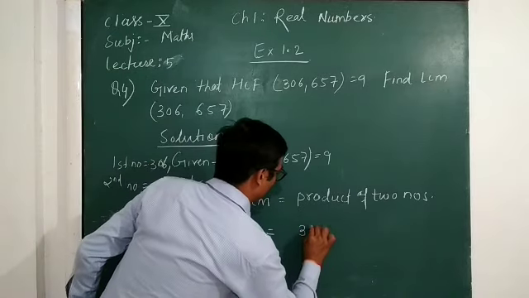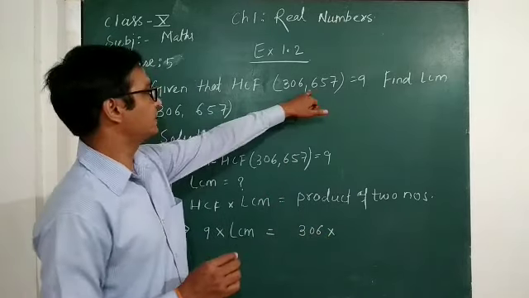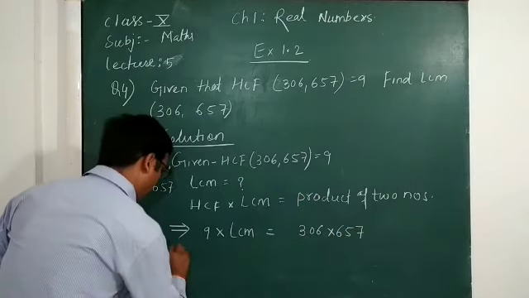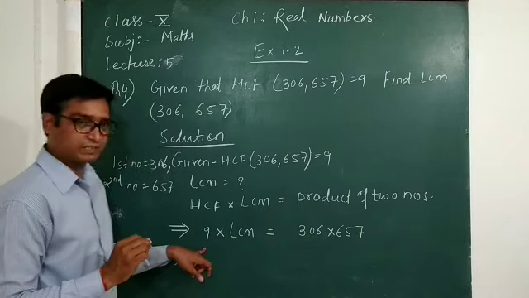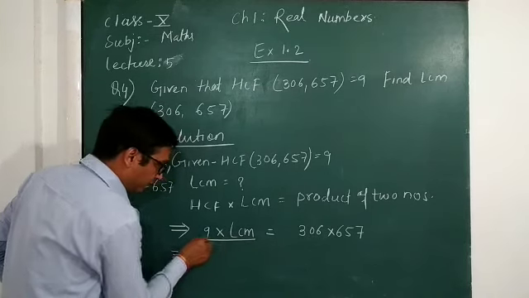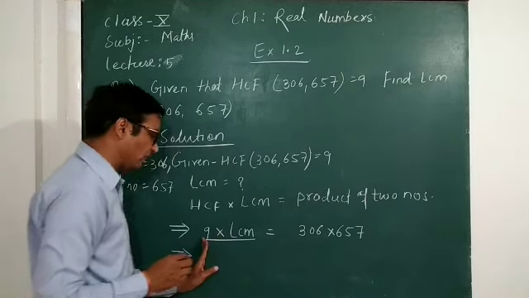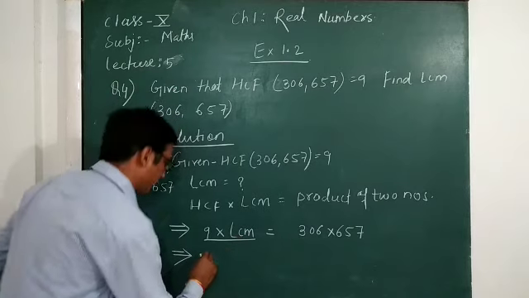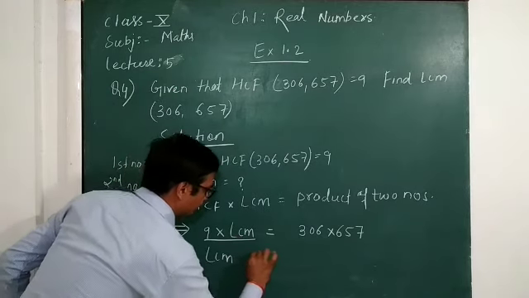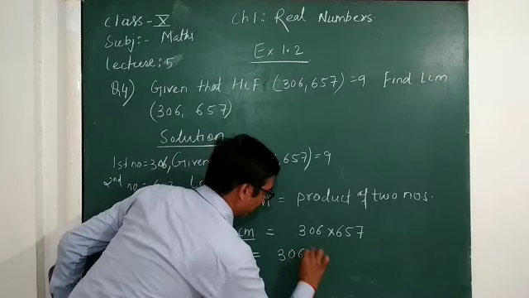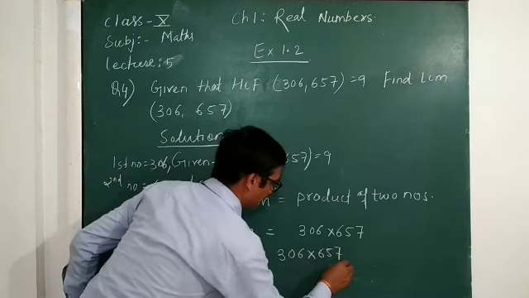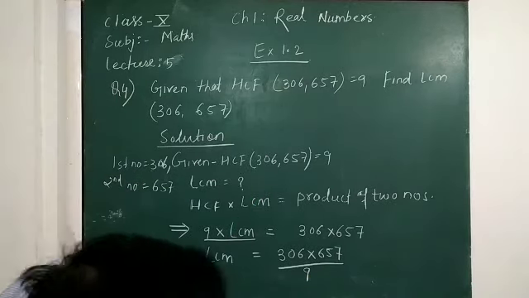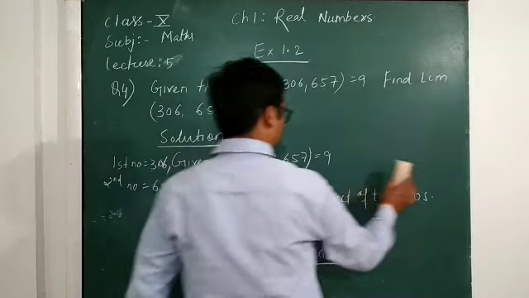So 306 into 657. Now by the equation method, this 9 is in multiplication, so when it goes to the other side of the equals sign, it will be in division form. So here you can write LCM is equal to 306 into 657 upon 9. Is it clear?